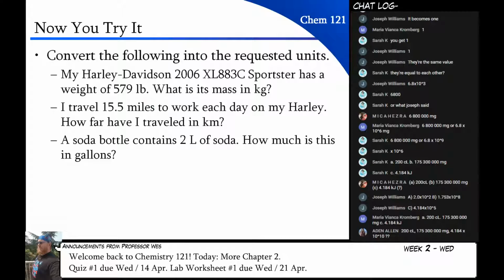So you'll have to look up how many pounds are in a kilogram. Well, we just did that, so you have that number. But how many miles are in how many kilometers? How many liters are in how many gallons? These will be things you just have to look up in the table, in your textbook, or by using Google. Okay, so go ahead and try these problems. I'll give you about 6 minutes. We'll go over the answers together at the end.